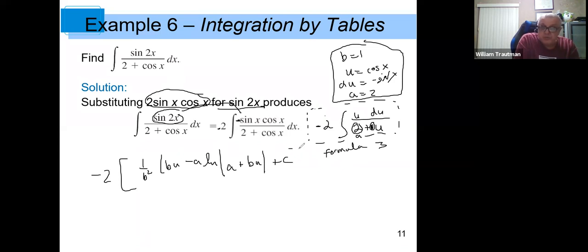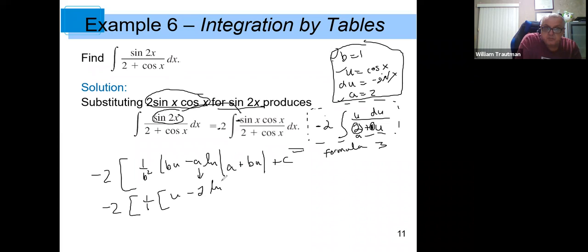So all we're doing is plugging the b, the a, and the u into the formula. B is 1, so 1 over 1 squared, which is 1. 1 times u is just u. A is 2.